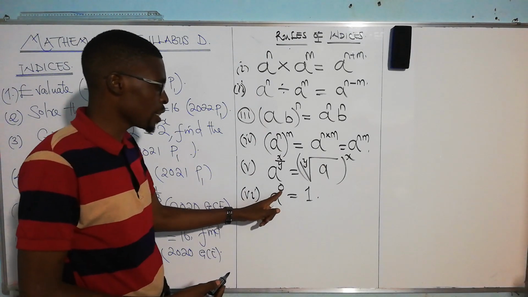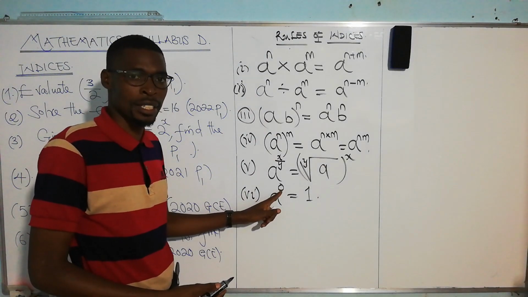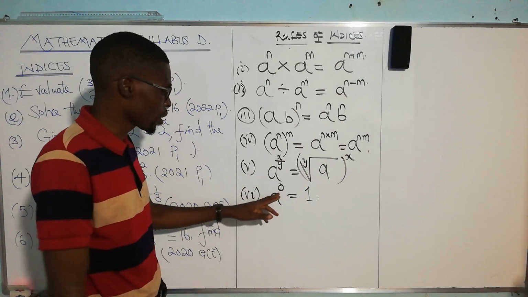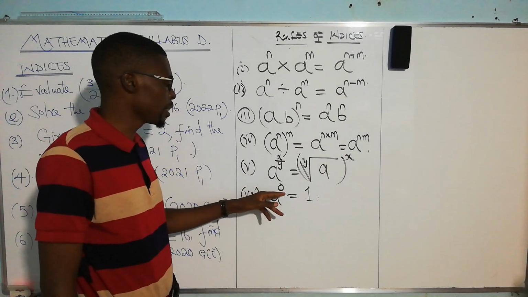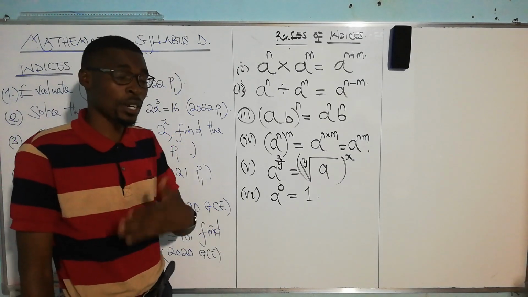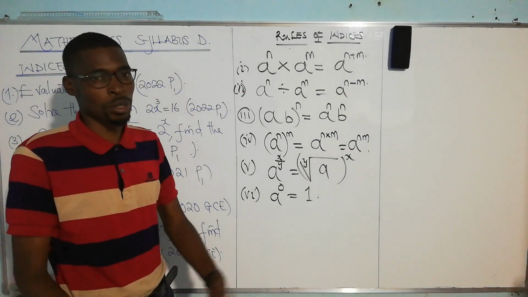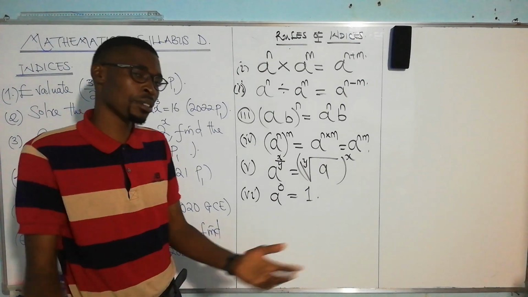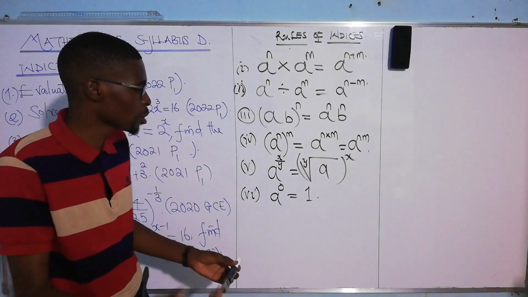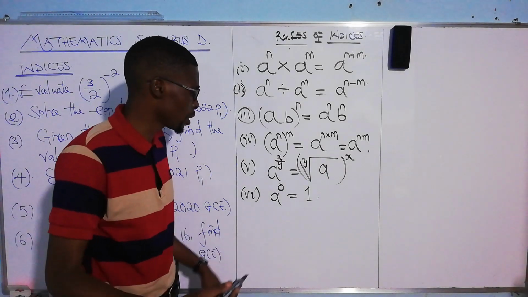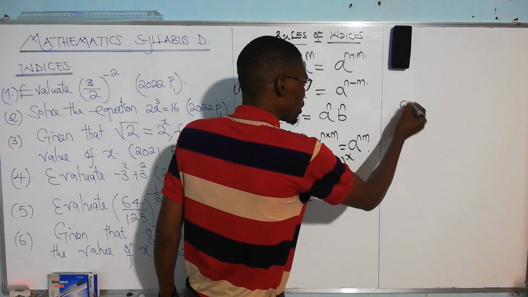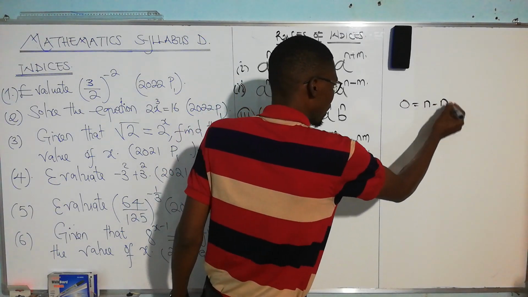You understand 0 as an additive identity. So 0 is just the value that you get when you find the difference of two identical numbers or variables. So a minus a will give you 0, b minus b will give you 0, n minus n will give you 0, 2 minus 2 will give you 0. So 0 is the same as n minus n.